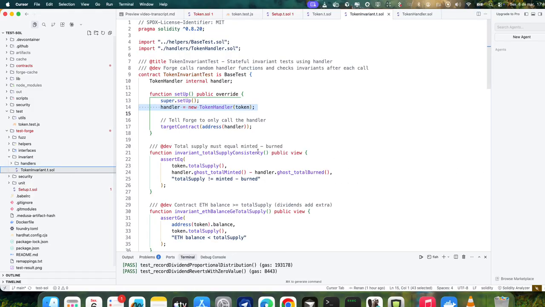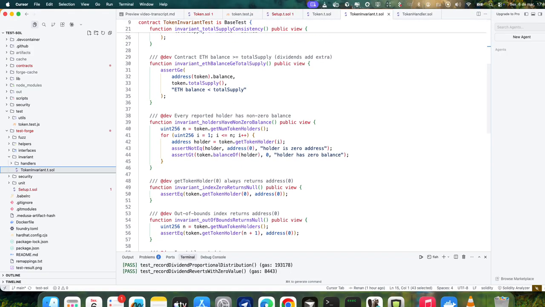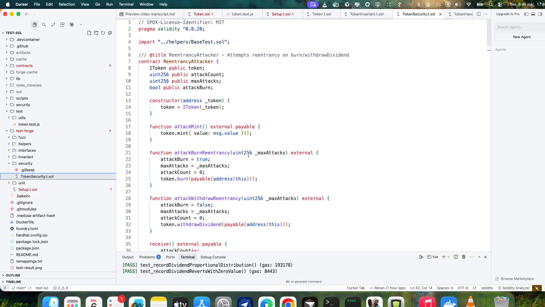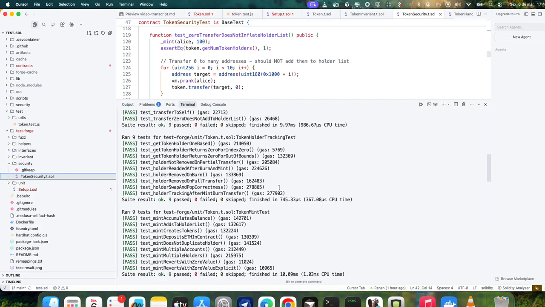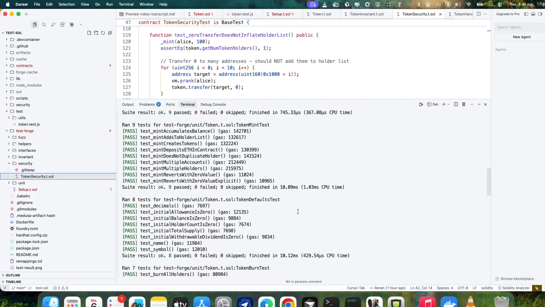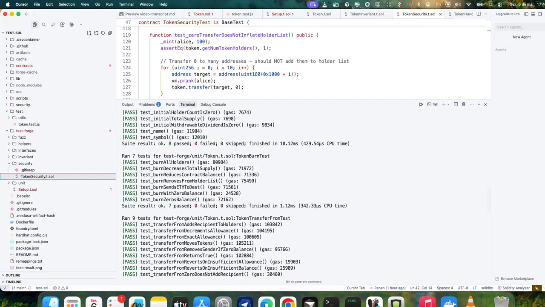Key properties verified include total supply consistency, solvency, and that every tracked holder always has a non-zero balance. Finally, 13 security tests cover specific attack vectors: reentrancy on burn and withdrawDividend, holder list deflation, zero value transfers, dividend dust accumulation from integer division, and gas consumption with many holders.